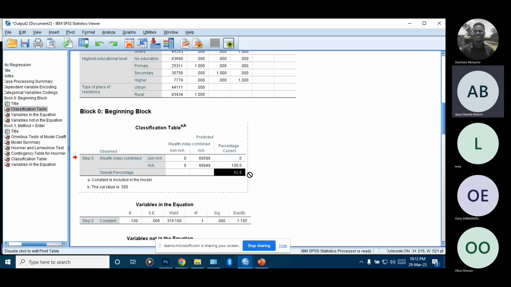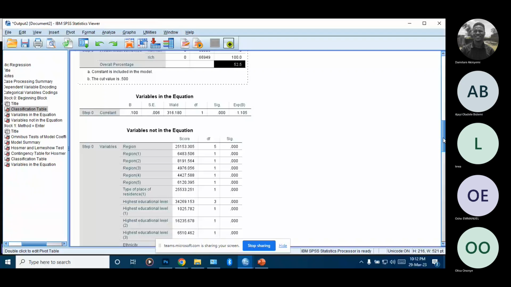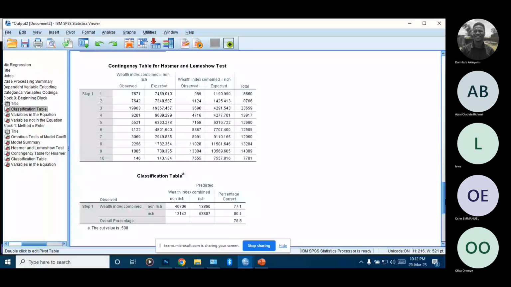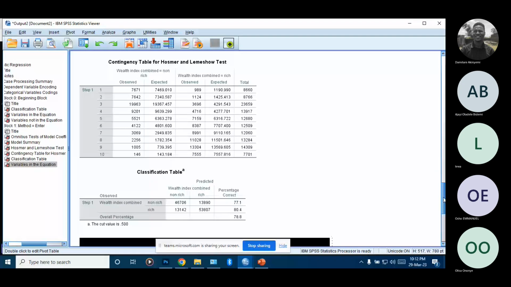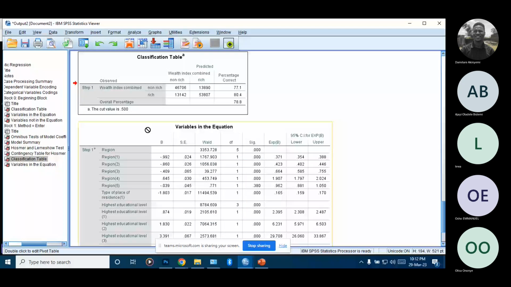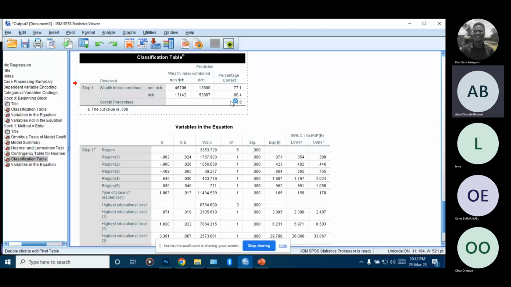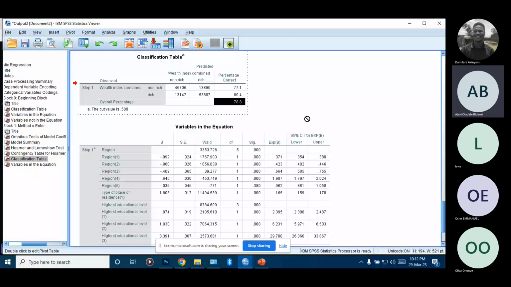But when we have our variables included in the model, we have a total of 78.8% correct prediction. That shows that the model is quite better when we have our variables included.